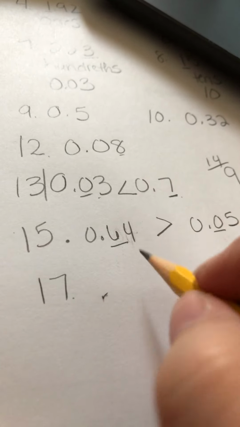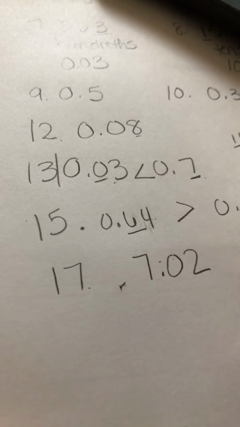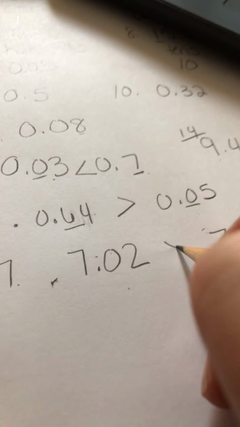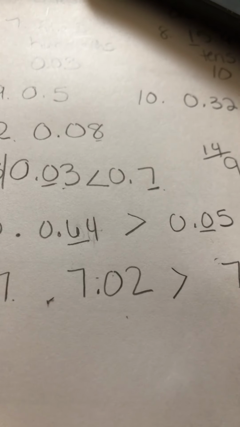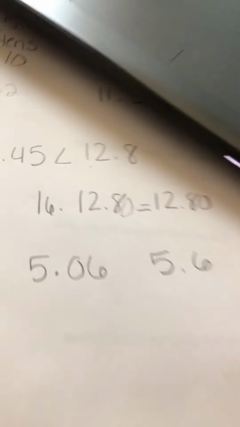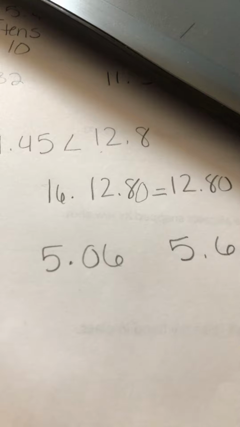Number 17, 7.02 or 7 and 2/10, and then 7. Well, 2/10 makes it a little bit higher than the whole 7, so it goes that way. And 5.06 and 5.6. I've had a lot of people who have done something like this that they think is equal.